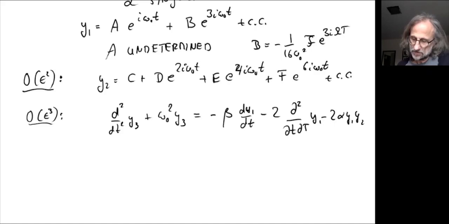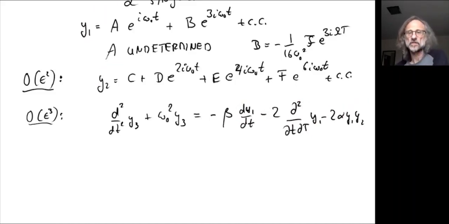Okay. And so now, of course, we have to look out for a solvability condition. This term will have a frequency of omega naught, so that will contribute to the solvability condition, as will this one. And here we have to look at what happens when we multiply y1 with y2.